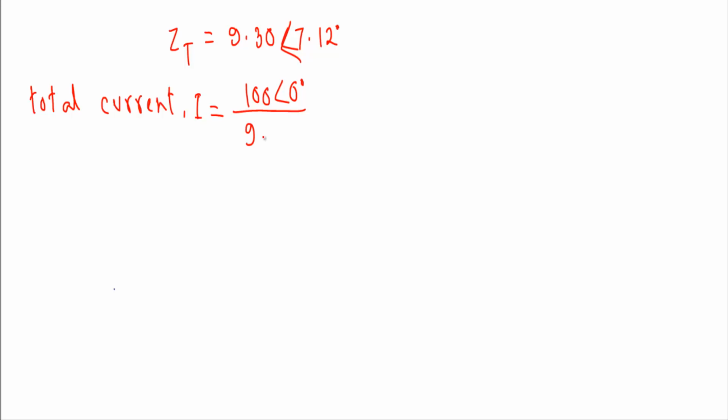Total impedance is 9.30 phase angle 7.12 degree, and that will be equal to 10.75 with phase angle minus 7.13 degree. Okay, so this is our total current in the circuit.